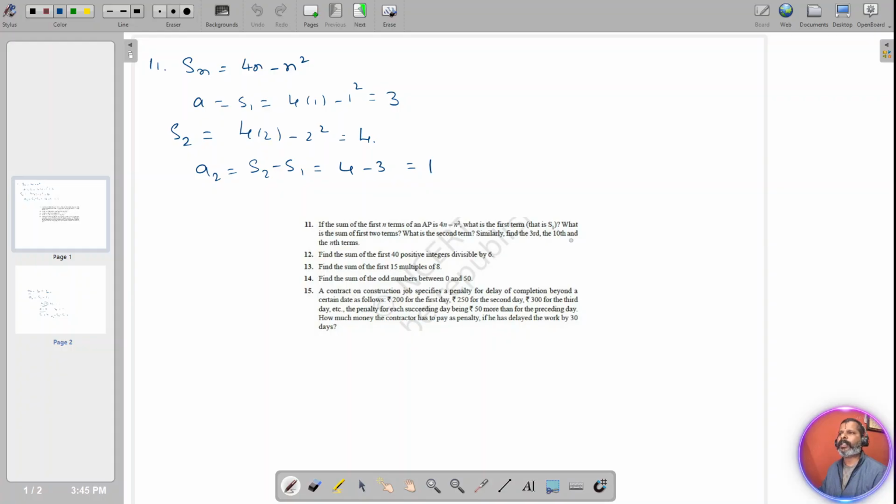Similarly, find the third, 10th and nth term. What is the third term? Similarly, A3 you use, right? A3 is equal to, in the Sn, put n as 3. So it becomes S3 minus S2, right?